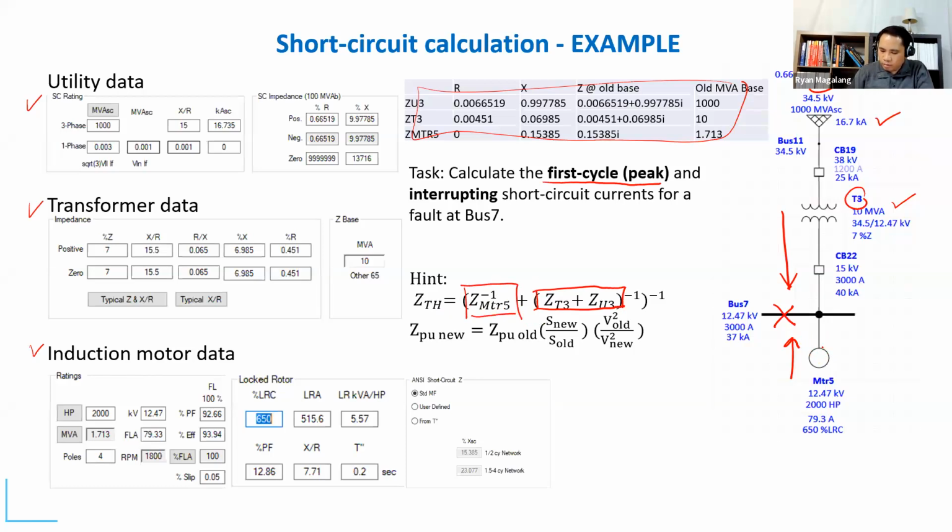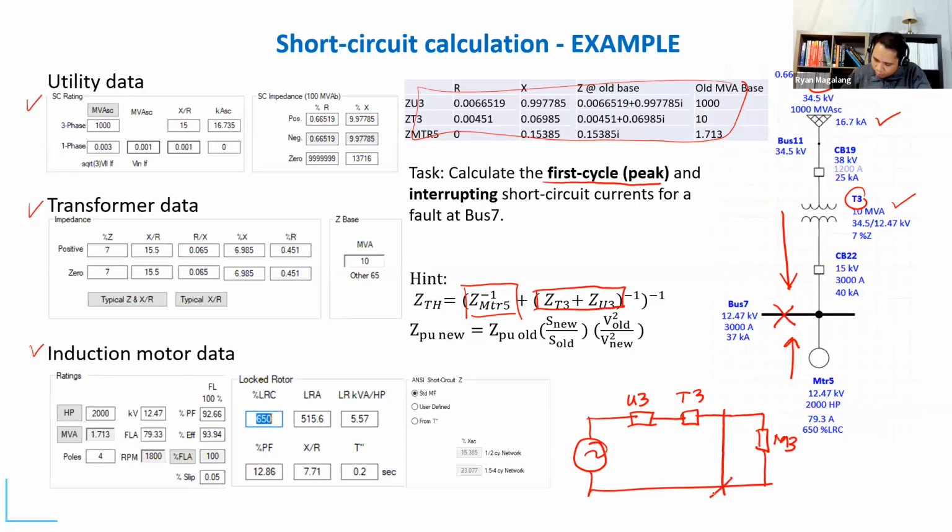So the motor is in parallel with the series combination of your utility and transformer. In other words, if we draw that, let's say this is your source, your utility, this is your utility impedance, this is your transformer impedance, and this is your motor impedance, like that. During normal operation, they're connected like that. During fault, the fault happened here.